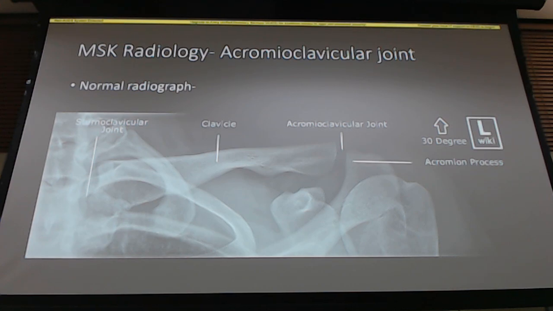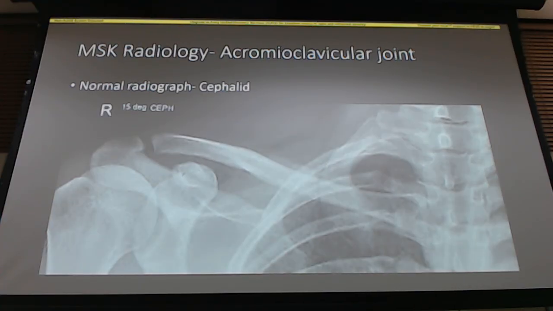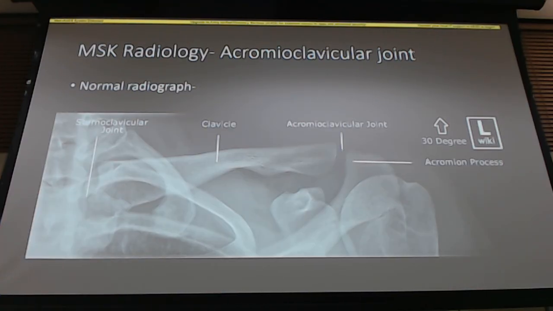Okay, fine. AC joints. Does that look like a normal view? Yes, because it's labeled normal. But then we'll start talking about abnormal. And again, you're going to see that because you get this view. Can you get a cephalic view as well? Yes, you can. Would you agree that you can see how that looks more horizontal and straight?